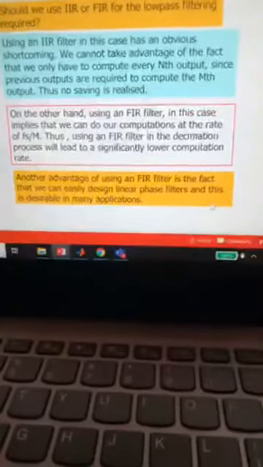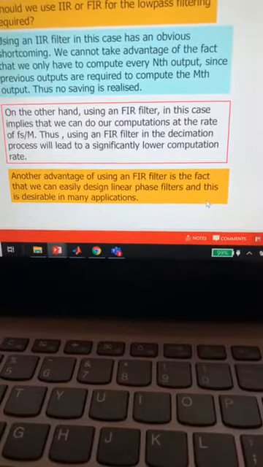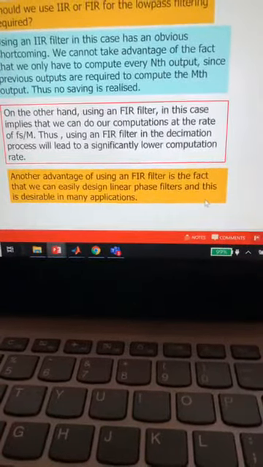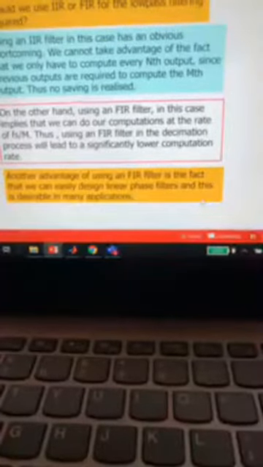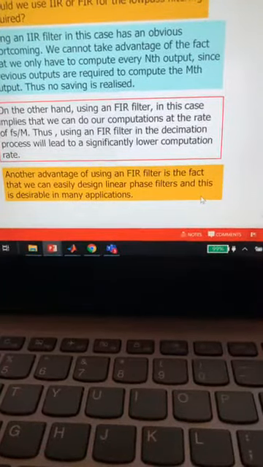And once I came down to my office, there was a person sitting there doing his PhD for the last 3-4 years, and he was stuck because he was not finding an interesting topic to complete his PhD. So I was just thinking about this, why IIR filters are not used. Is there any way we can make use of IIR filters? And then I said, let me try, and I took a page and started figuring out a way to use IIR filters for decimation and interpolation. And perhaps it took me 10 minutes to figure out a way.